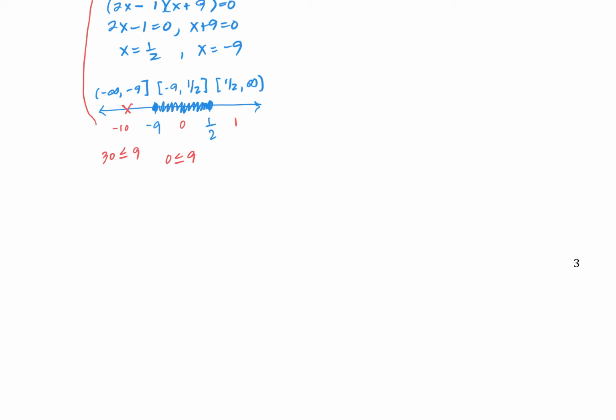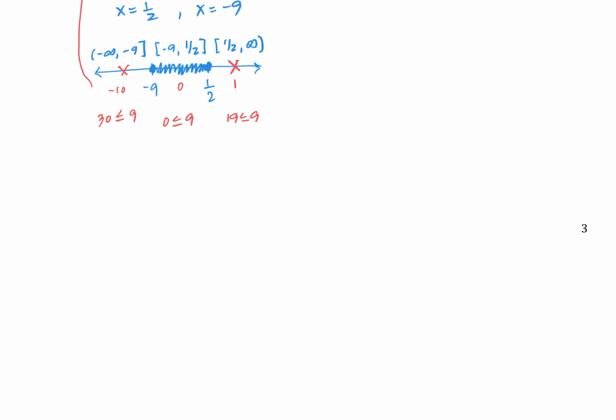My last test point is 1 on my last interval. If I put 1, I get 2 plus 17 or 19, less than or equal to 9. That's false. So I can't use anything there. My solution set is going to be bracket -9, positive half with a bracket. So those are the x values that'll make my inequality true.